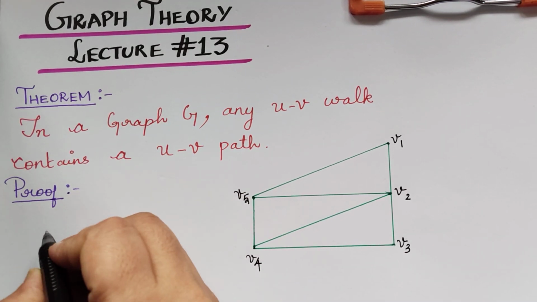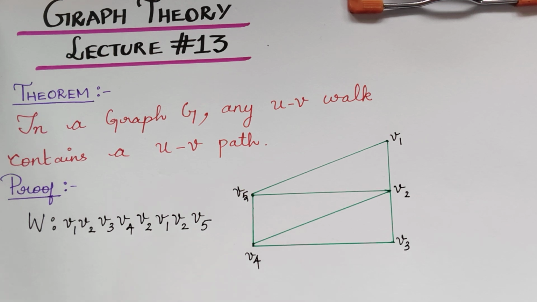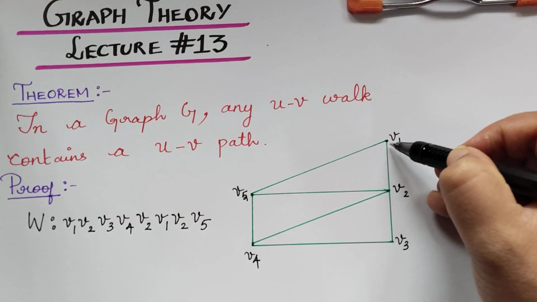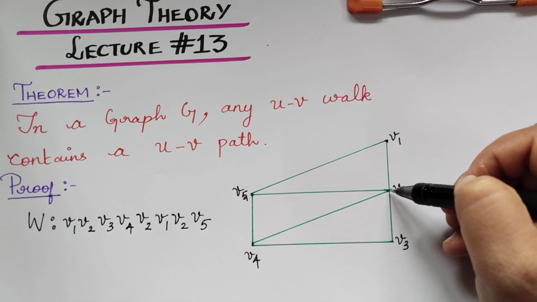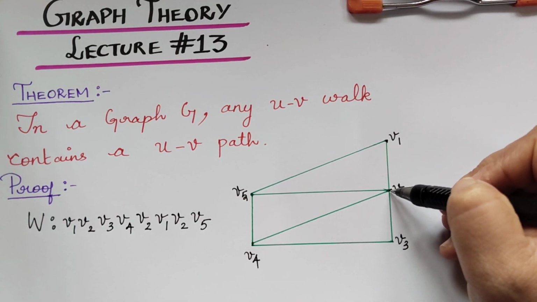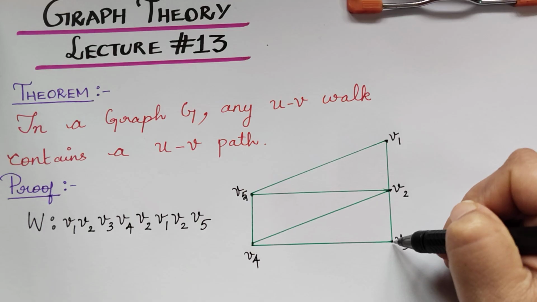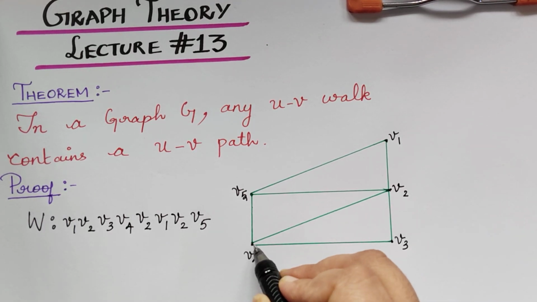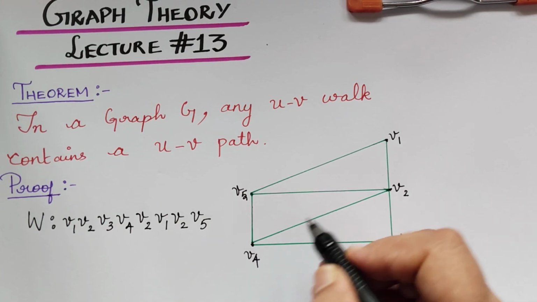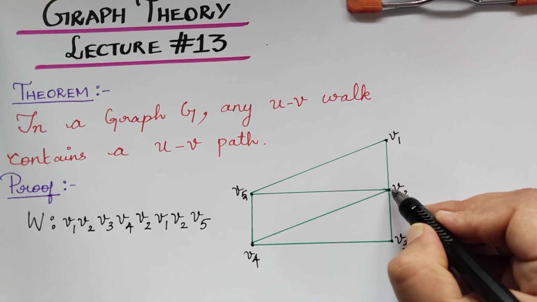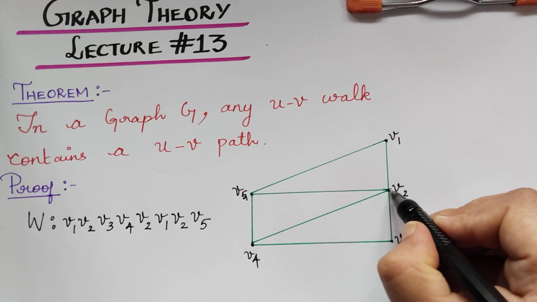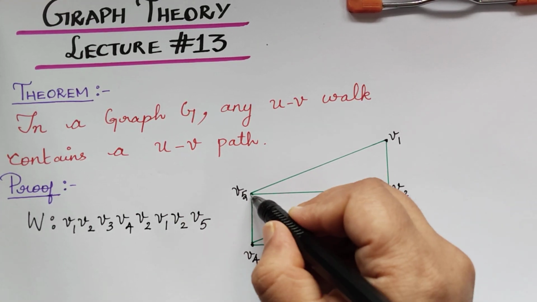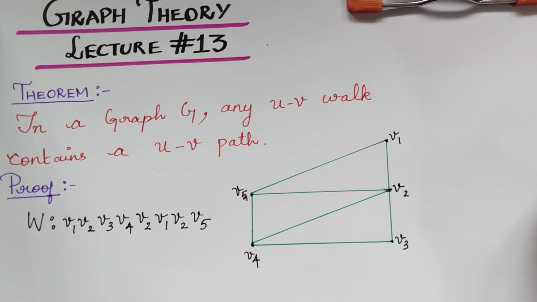The walk W goes from the vertex V1, then the edge V1V2, then the vertex V2, then the edge V2V3, then the vertex V3, the edge V3V4, then the vertex V4 and the edge V4V2, then from V2 to V1, and again V1V2, V2V5. So this is a walk, a random walk.